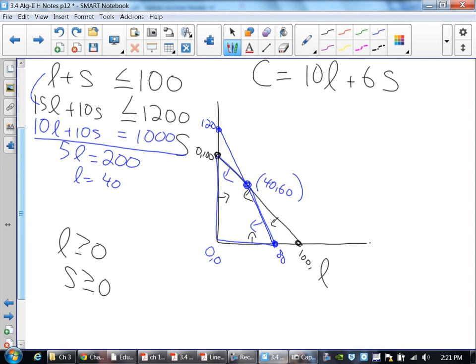So I really only have to check 3 of these, because I know I'm not going to make any money at 0, 0. My ordered pairs are listed out L first. So I have 0, 100, 40, 60, and then 80 and 0, if I'm not mistaken.